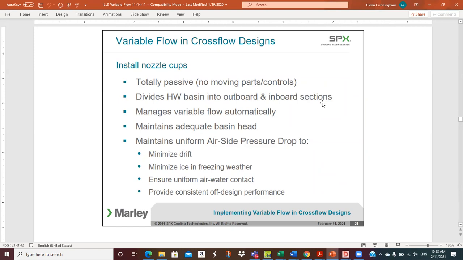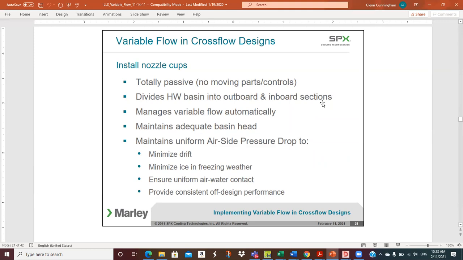So it manages variable flow automatically, maintains adequate basin head, maintains uniform airside pressure drop to minimize drift, minimize ice formation in freezing weather, ensure uniform air-water contact, and provide consistent off-design performance.